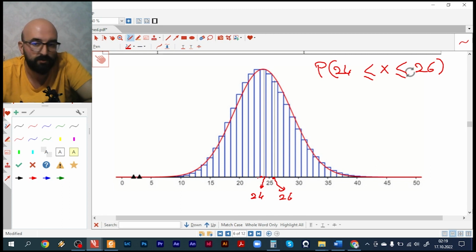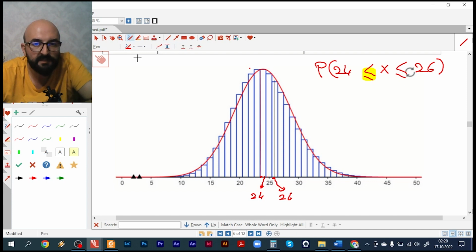But when you go from the Poisson distribution to the normal distribution, you should use the rectangle bounds, and you want to find greater than or equal to 24. So you should convert to 24. You should use these rectangle bounds.